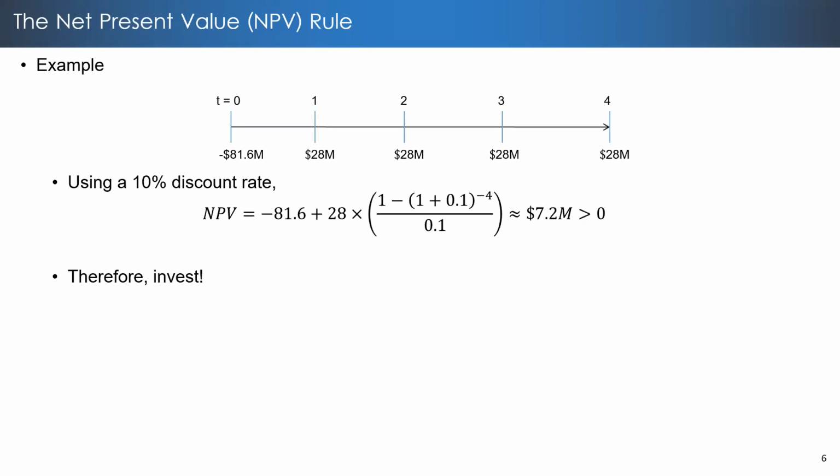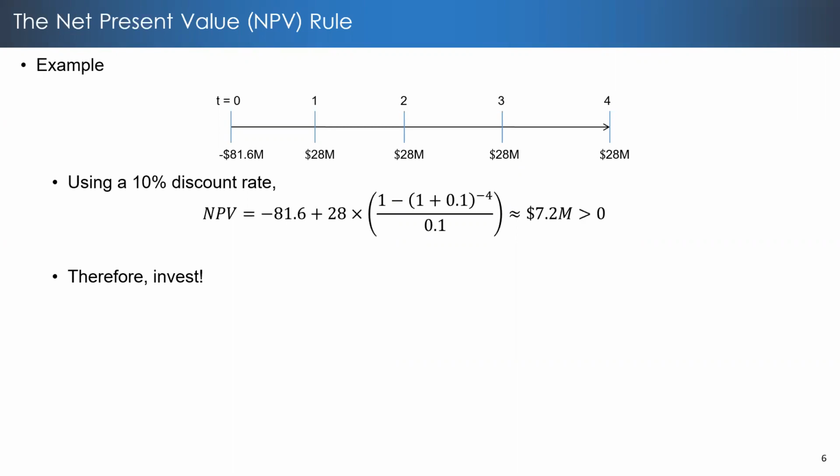One piece right in the beginning, and then an annuity that pays for 4 years. So the total value is negative 81.6 plus the value of the annuity, which gives you $7.2 million, a positive number. What does that mean? It means that we should take the project, under the assumption of a 10% discount rate.